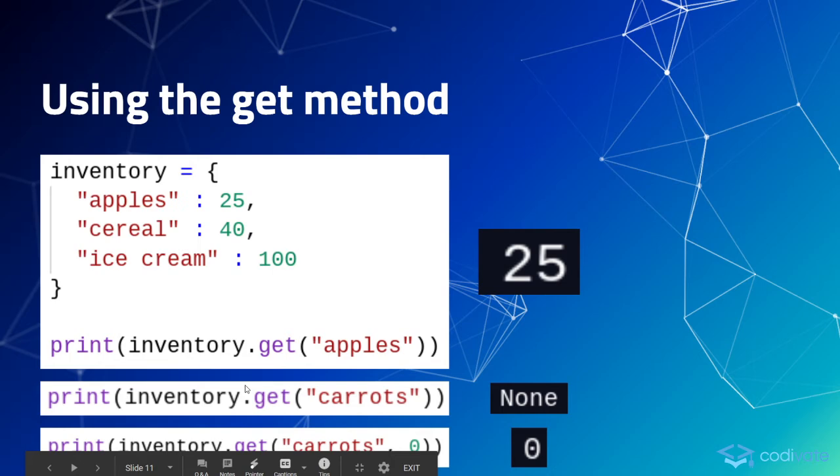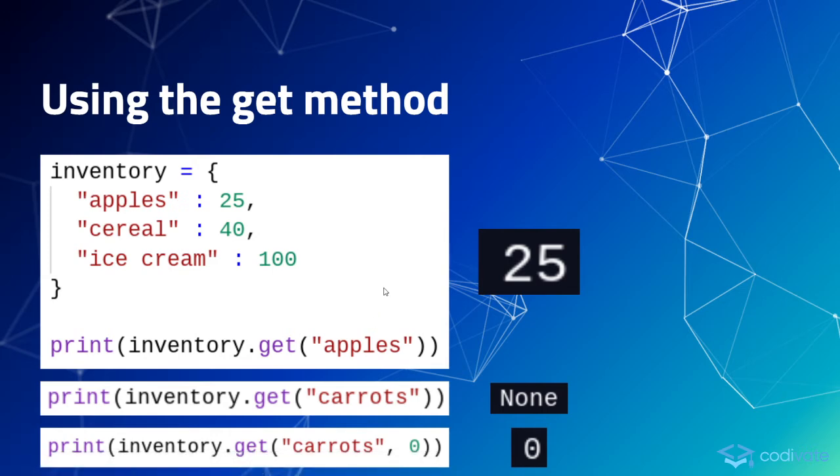Print inventory.get carrots, 0. So what this will do is it will first check, do I have any carrots in this inventory? If it already has carrots, then it will just proceed as usual and give us however many carrots there are.